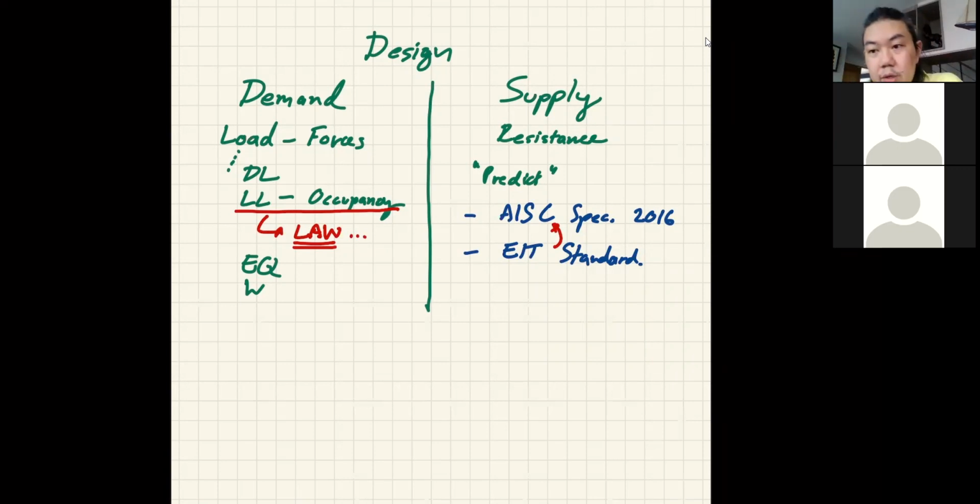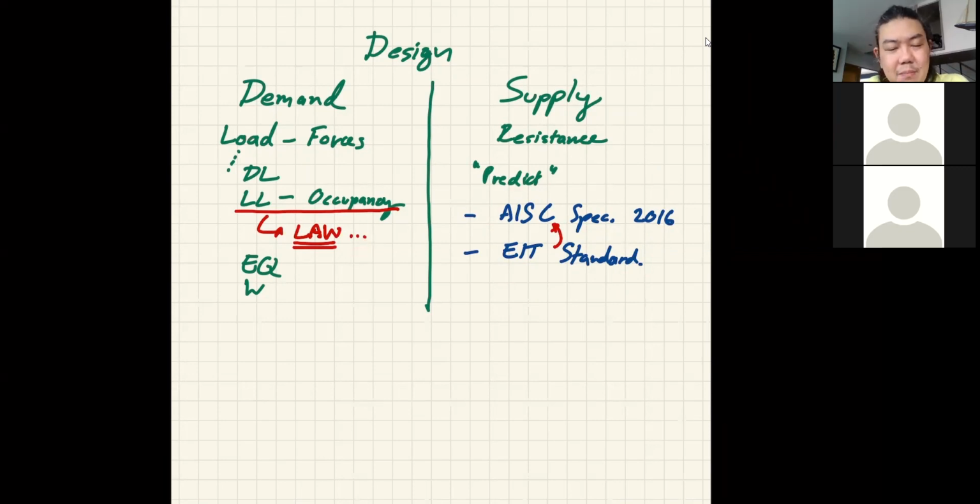Now, why do I say predict? The important thing here is that this right side here is not the law, which implies that if you don't believe in them, you don't have to follow them. On the left side, the demand is the law.